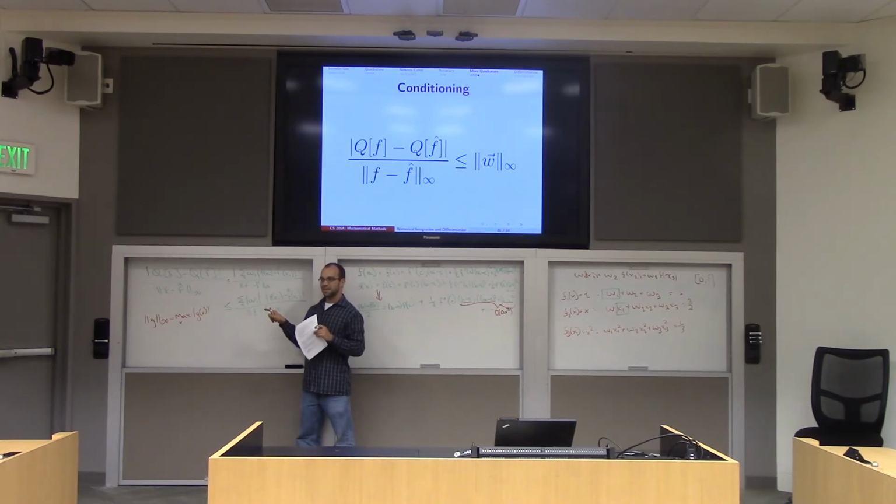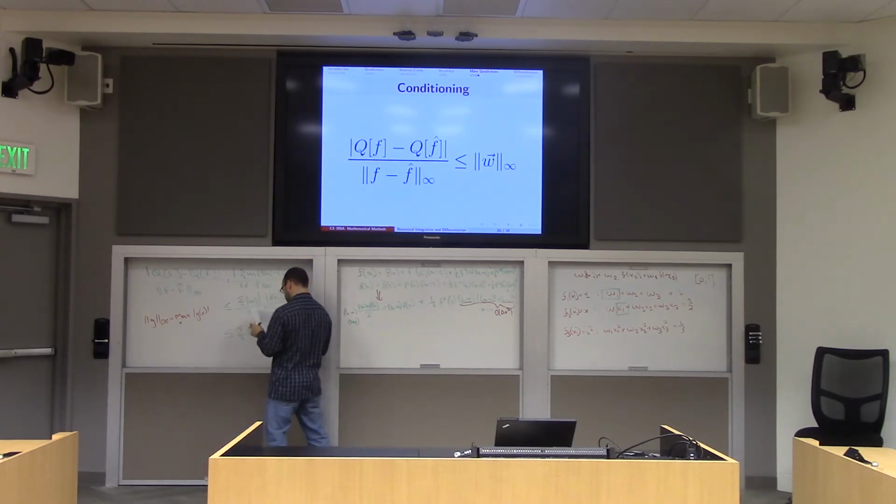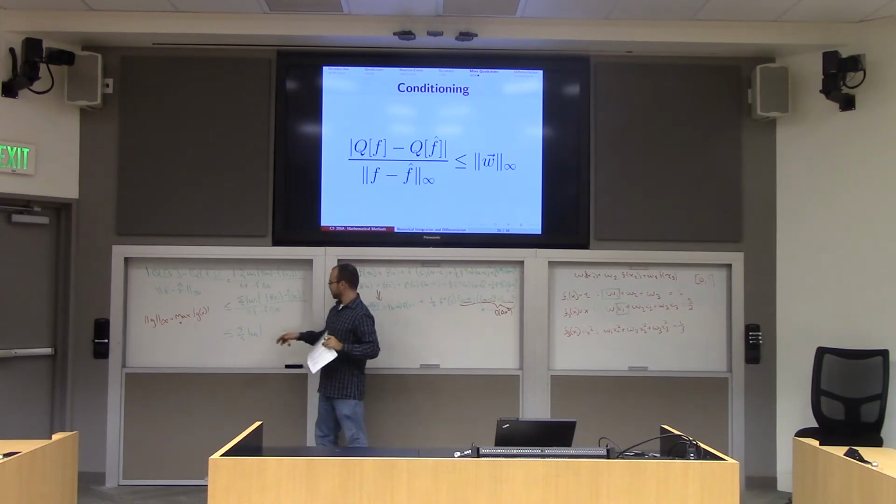So you can think of this as being upper bounded by the infinity norm of f minus f hat. So in particular, this is less than or equal to the sum over i of |wi|, which is not what I wrote in the course notes. That should be a 1 norm, and I will fix that when I get home.